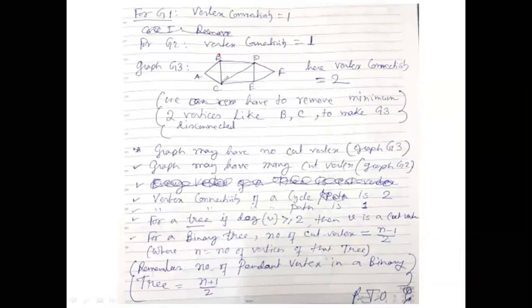If you remove B and C, all the edges incident on them will be cancelled. If we remove B and C from this graph, only two components are there: one is the vertex A, and another is a triangle-shaped graph DEF.